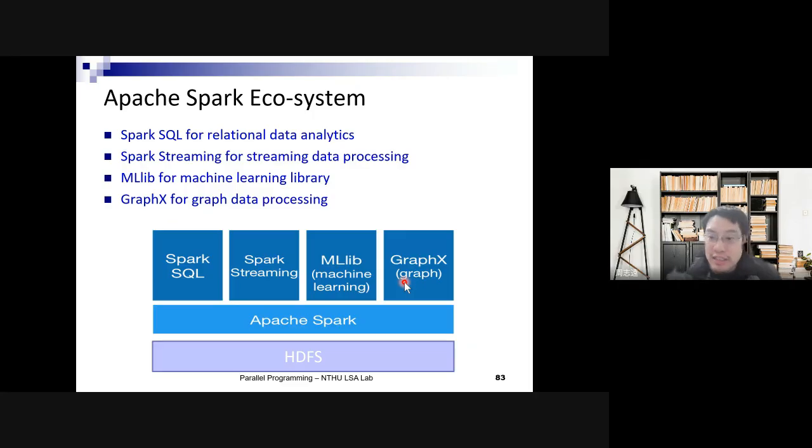But if your data set is really huge and cannot even fit into distributed memory, then you still need to rely on MapReduce to reduce the size so that you can use Spark to take over and do those more complex data analytics jobs.